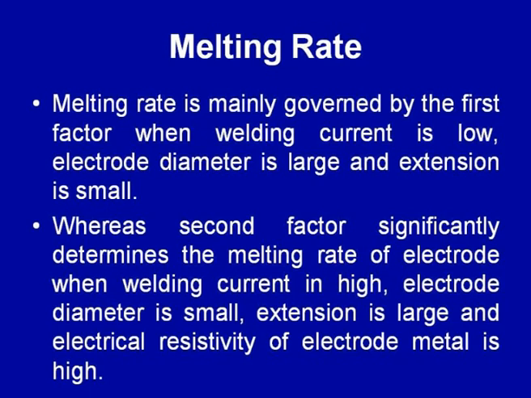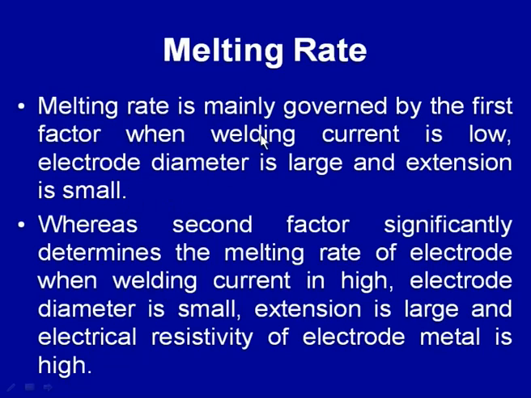The melting rate is mainly governed by the first factor, the A I factor, when the welding current is low, the electrode diameter is large and the electrode extension is small, because electrical resistance heating under these conditions will be very limited. Whereas the second factor significantly determines the melting rate of the electrode when the welding current is high, the electrode diameter is small, the extension is large and the electrical resistivity of the electrode metal is high.